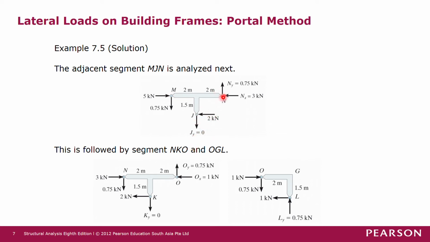So let's just sum moment at joint N and equate it to 0, and take anti-clockwise moment as positive and clockwise moment as negative.